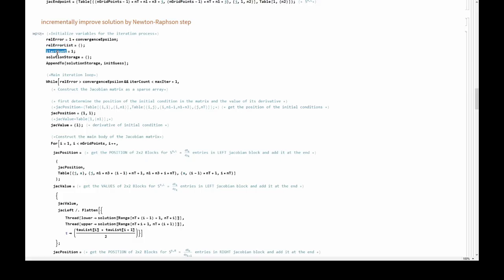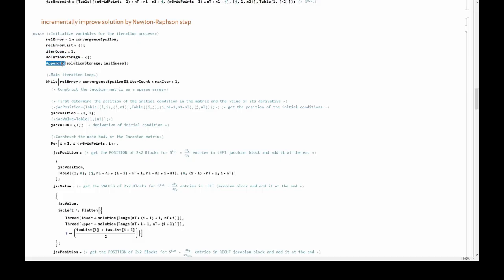Iteration counter, so you always need some exit criterion. If, for instance, your algorithm doesn't converge or doesn't converge quickly, you want to say, okay, at least try this many iterations before you stop. This iteration counter counts all the iterations so that we know how quickly it converges.